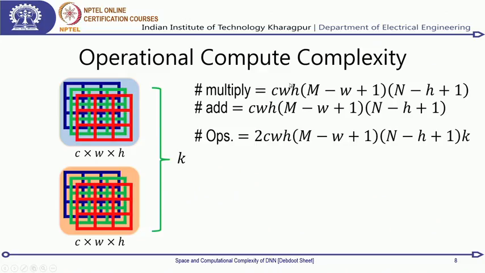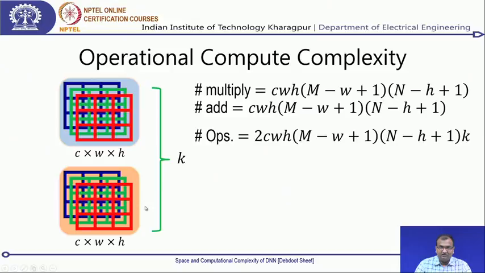So the total number of operations per kernel becomes twice C W H into M minus W plus 1 into N minus H plus 1, and I have K such kernels, so this gets multiplied by K.